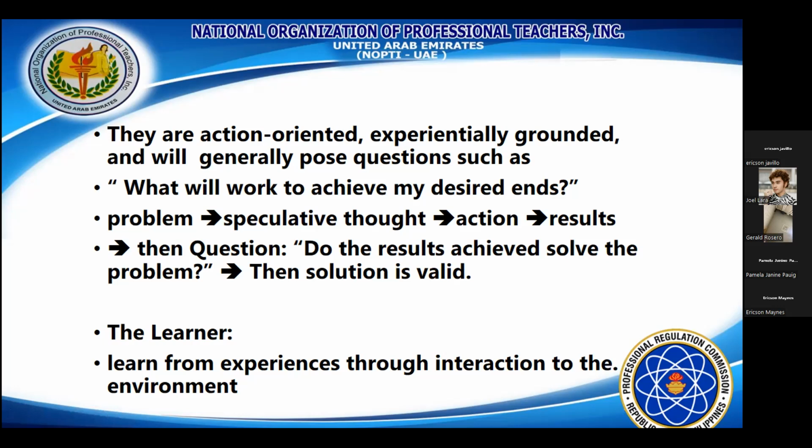So, learners in this type of philosophy or school learn from their experiences through interaction to the environment. So parang sa ibang philosophies din, that we need to experience din para makuha natin na, na-try ko na yan noon. Maganda yan. So it's valid. Okay?